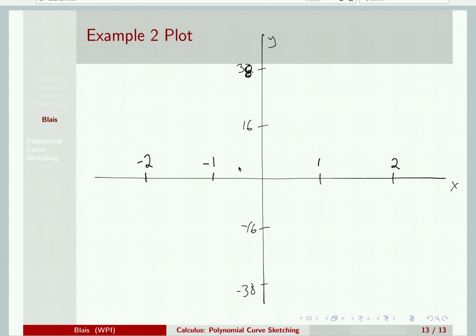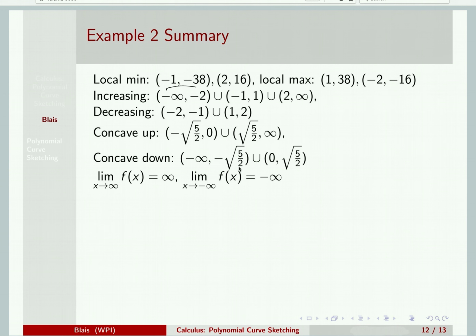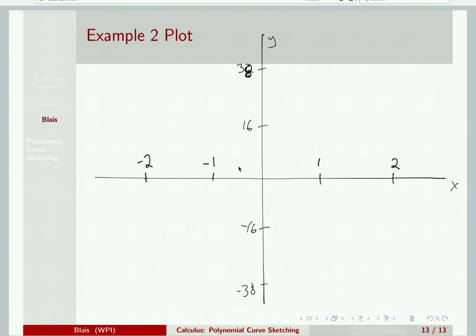So recall here, we had local minima at minus 1, minus 38, and 2, minus 16. So minus 1, minus 38, down here we have a local minimum. And at 2, minus 16 here we have a local minimum.